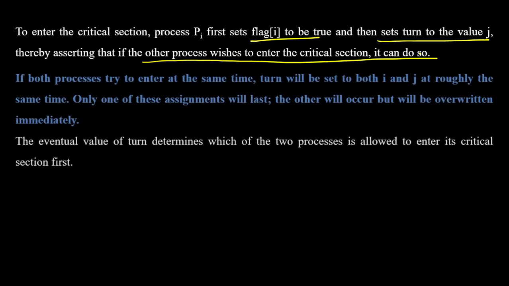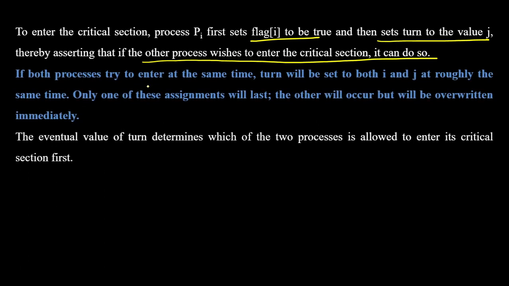To enter into the critical section, process pi first sets flag of I to be true and then sets turn to the value j, thereby asserting that if the other process wishes to enter the critical section, it can do so. If both processes try to enter at the same time, turn will be set to both I and j at roughly the same time.